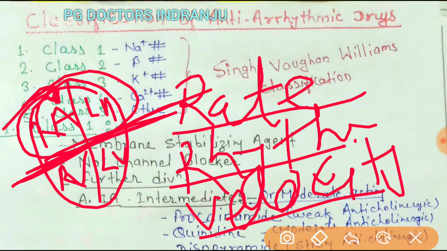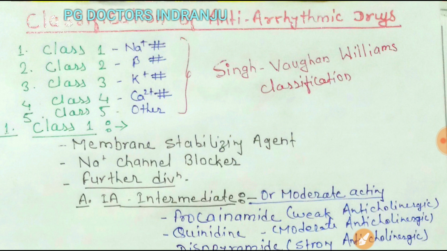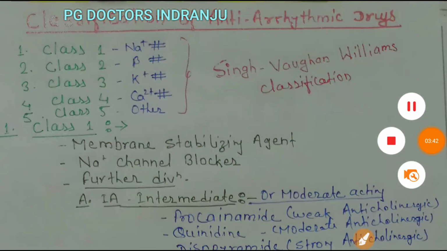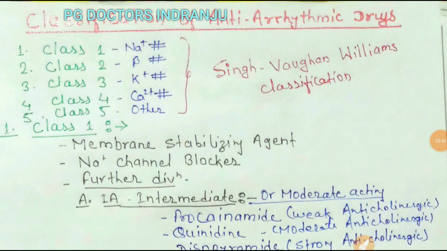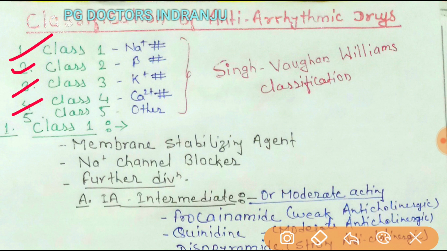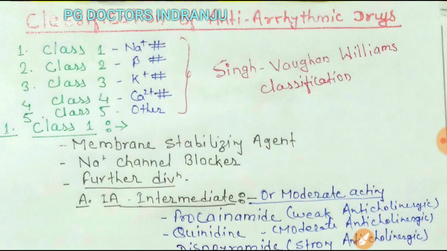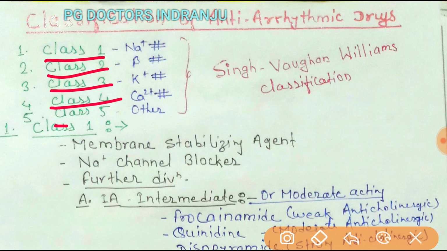So we have to focus on the main topic, the classification. The classification of anti-arrhythmic drugs is divided into 5 types, based on the Singh-Vaughan-Williams classification: class 1, class 2, class 3, class 4 and class 5.